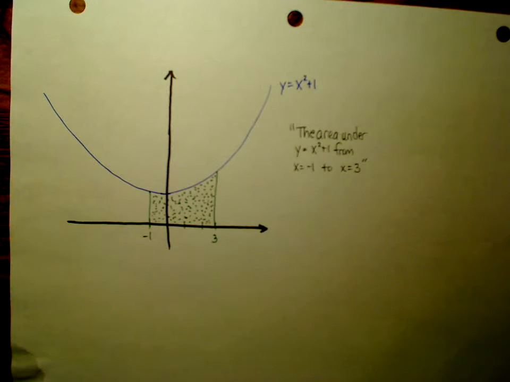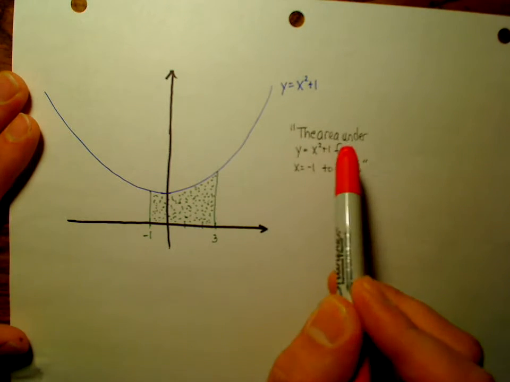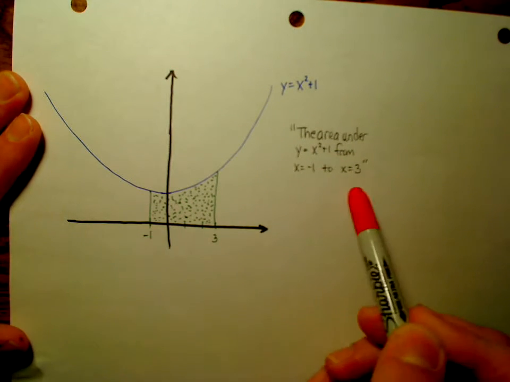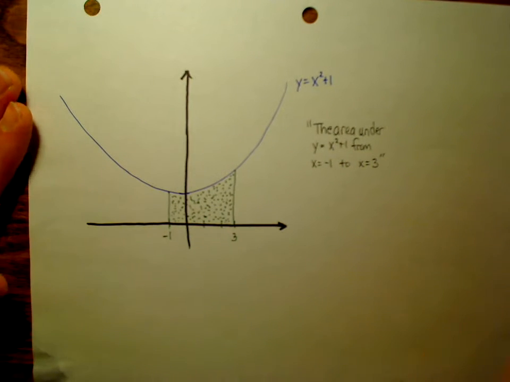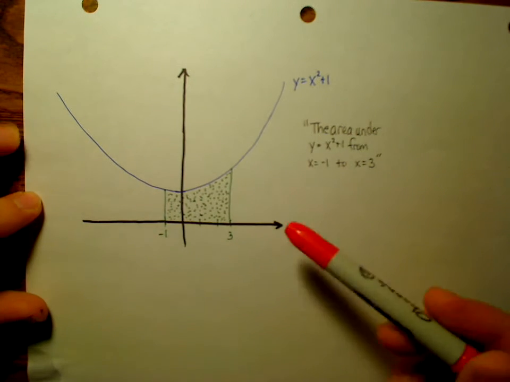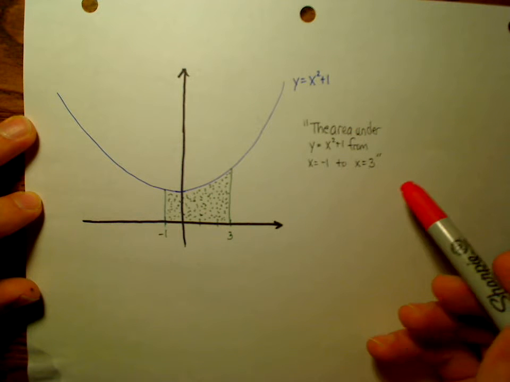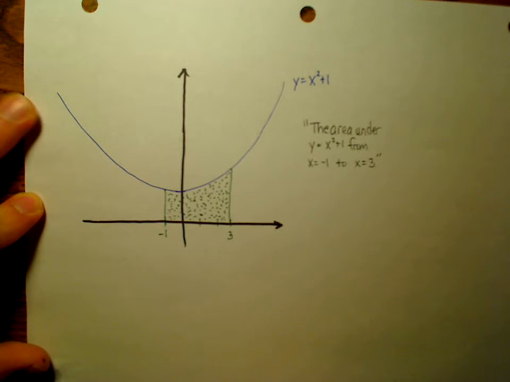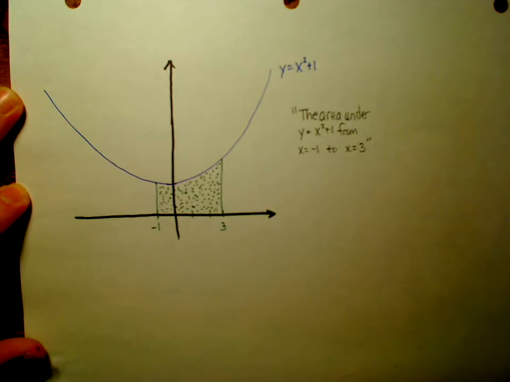So here's the kind of problem that we're interested in. We're interested in the area under the curve y equals x squared plus 1 from x equals negative 1 to x equals 3. Now, why one would be interested in this area itself is kind of silly, but this does have applications if, say, this curve were a rate. What we'll find out, this area corresponds to how much whatever that rate is of has accumulated, for example.